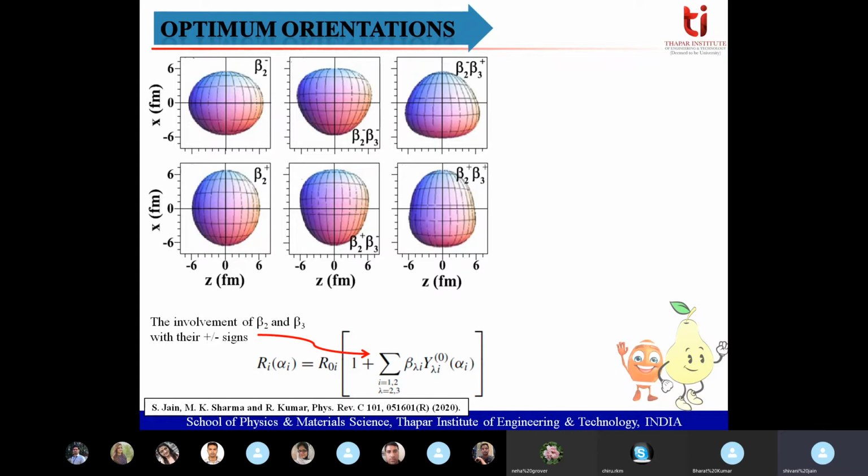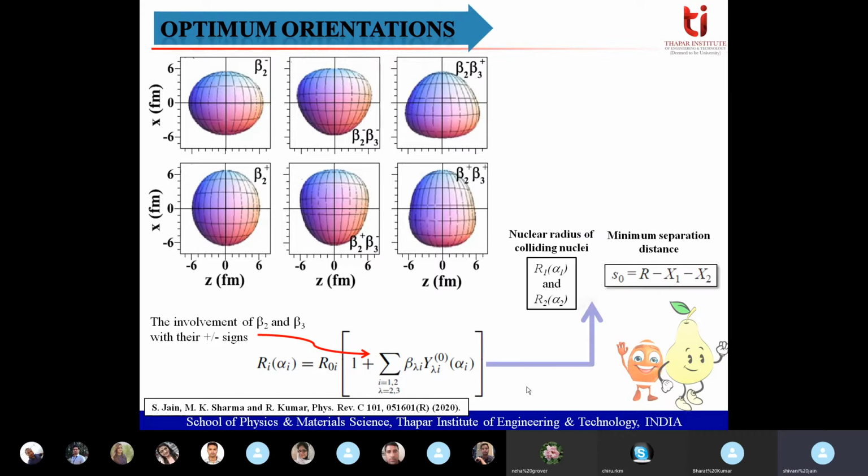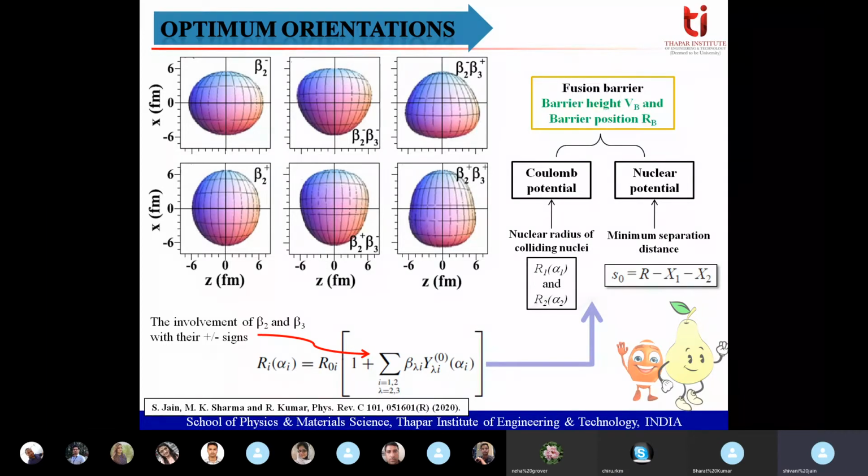Now, the inclusion of beta 2 and beta 3 with their signs in the spherical harmonic function influences the nuclear radii and minimum separation distance, which in turn influence the Coulomb as well as nuclear potential, and hence we observe the effects on barrier height and position. To get this analysis, we require the value of beta 3 deformation.